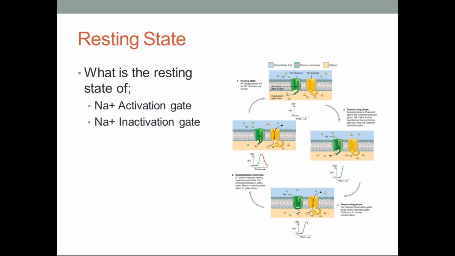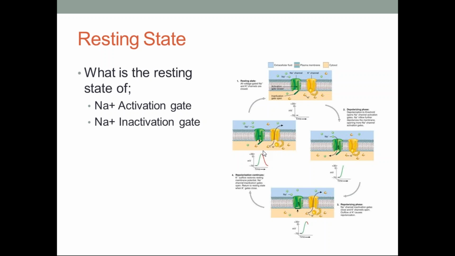It closes at plus 30. Plus 30 also is what opens the potassium gate. Then as you repolarize, it would be in, I think, the second one in the review of the synapse and the review of the action potential.